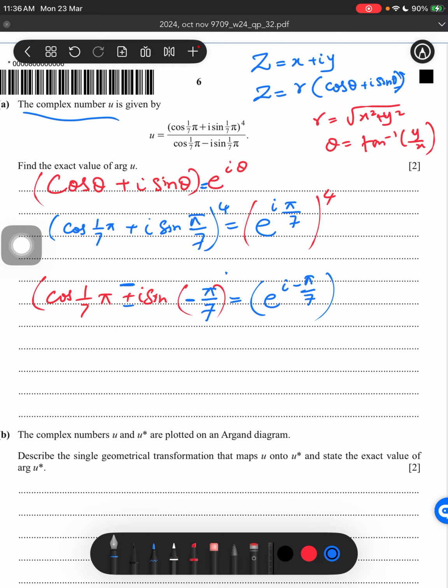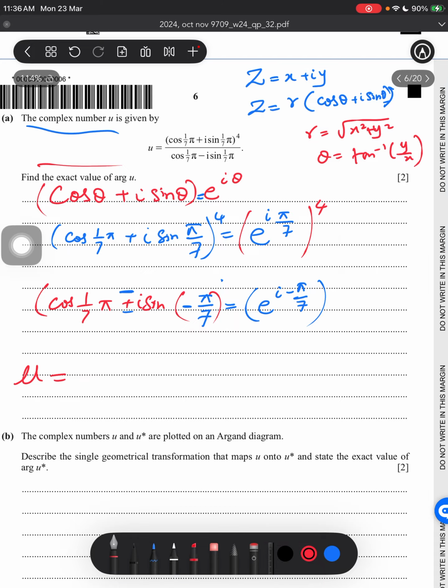Now the question arises: they are not asking for these, they are asking to find the value of the argument. For the value of the argument, we take u as the quotient of the two values, with power 4 in the numerator and negative iota pi by 7 in the denominator.